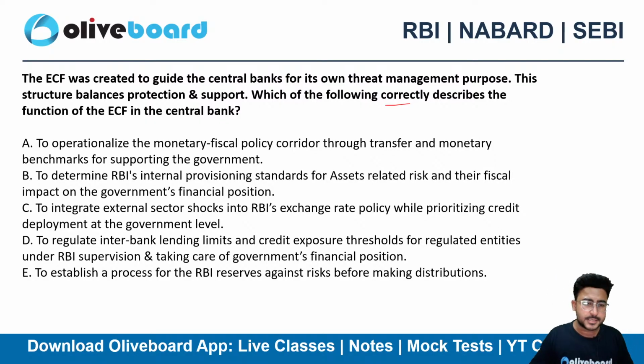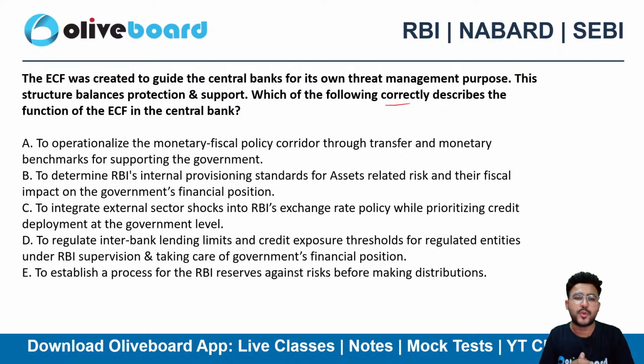The first option is to operationalize the monetary fiscal policy corridor through transfer and monetary benchmark for supporting the government. Option B, to determine the RBI's internal provisioning standards for asset related risk and fiscal impact on the government's financial position. Option C, to integrate the external sector shocks into RBI's exchange rate policy while prioritizing the credit deployment at government level.